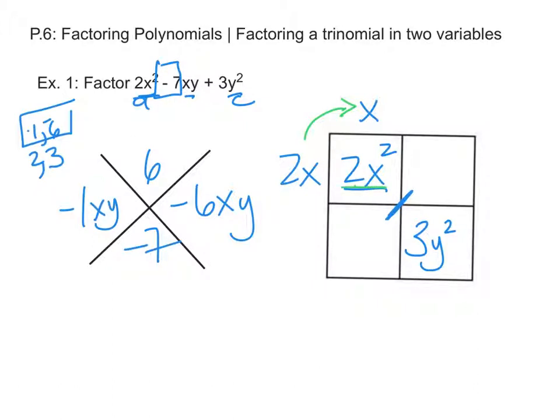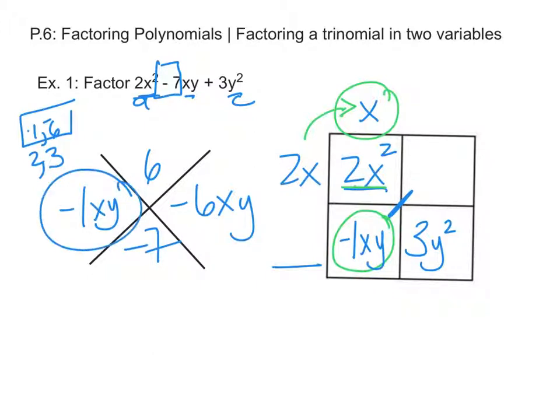And then, if we're looking at what number times x goes here, then I think the factor we're looking for is -xy. So I'm going to use this one in this diagonal here. Now I have to think of what factor times x gives us -1xy, and the answer will be -1y. So -1y times x gives us -xy.